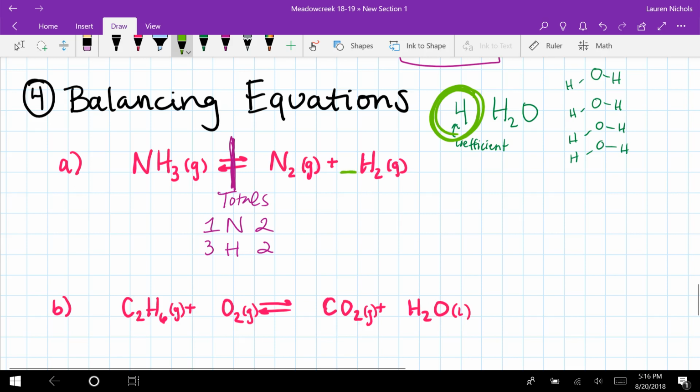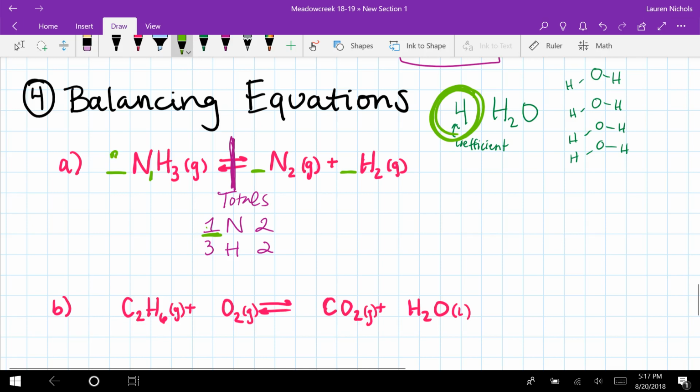So we can look at putting a coefficient in any of those 3 spots. Let's look at nitrogen first, and let's try to balance it out. Now, we said earlier that our coefficients get multiplied, and so we want to start off on the side with the smallest. 1 is a smaller number of nitrogen atoms than 2. So I'm going to look up at where I see nitrogen. I know that there's a subscript 1, so I need to think to myself, what times 1 can make my totals match?